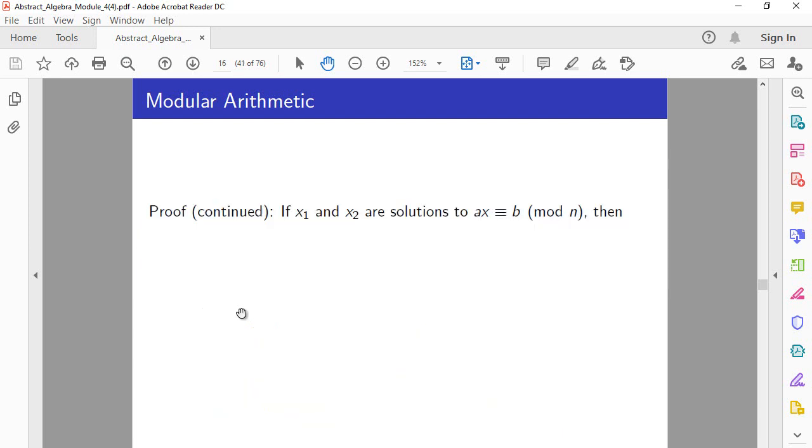If x1 and x2 are solutions to ax congruent to b mod n, then ax1 would be b plus a multiple of n, and ax2 will be b plus a multiple of n as well. So ax1 is equal to b plus nk1, ax2 is b plus nk2 for integers k1 and k2.